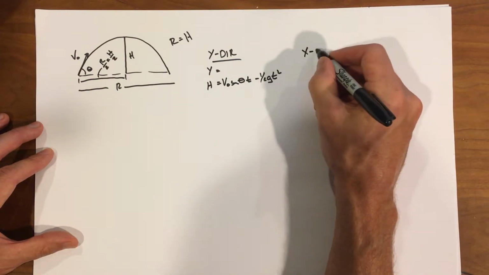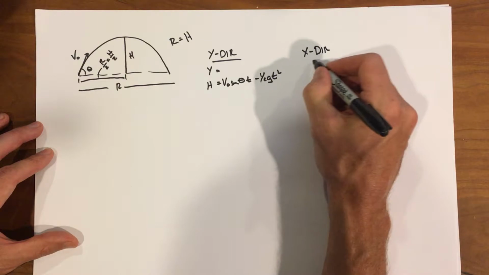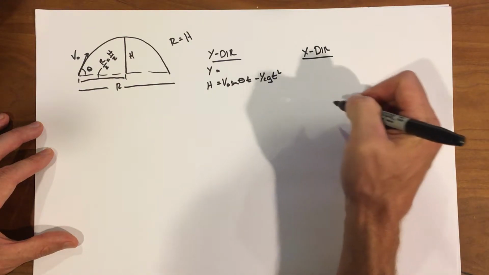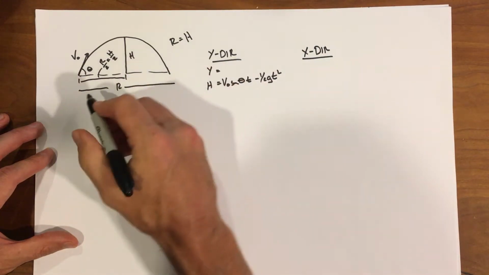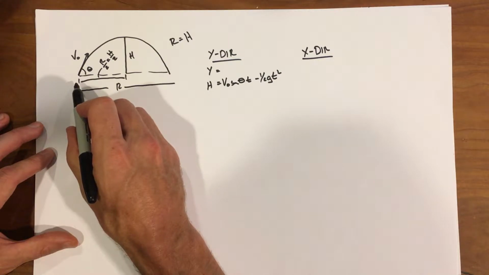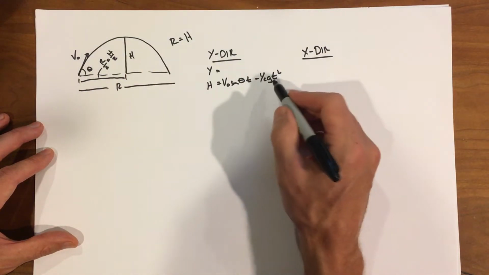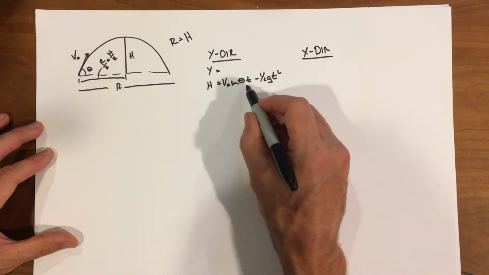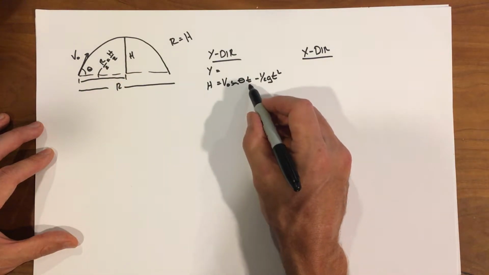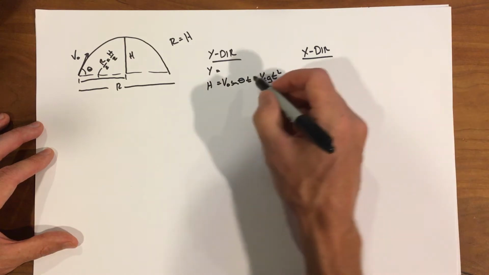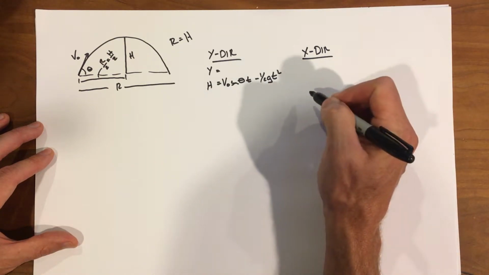Now let's look at the x direction. At that time, it's the total time divided by 2, which would be half. So it's the same time here, the time to the maximum height is what I'm dealing with for this t. Or I could look at the total time, and this would be t over 2. It doesn't really matter.